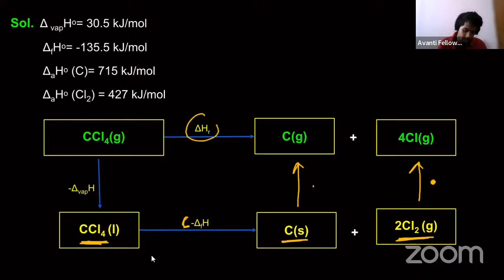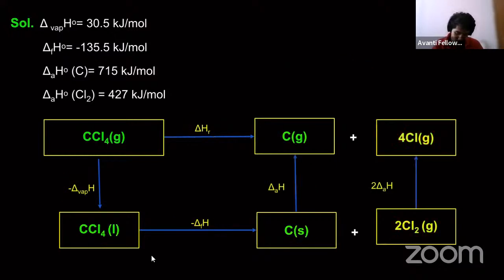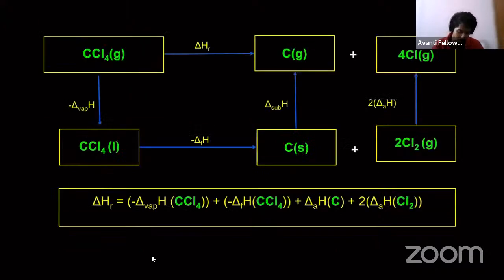Clear? What we need to do is add all these reactions. Delta H reaction is equal to minus delta H vaporization, minus delta formation enthalpy, and carbon it is 1, but chlorine is 2 and 4 bonds. Now add up all the equations.